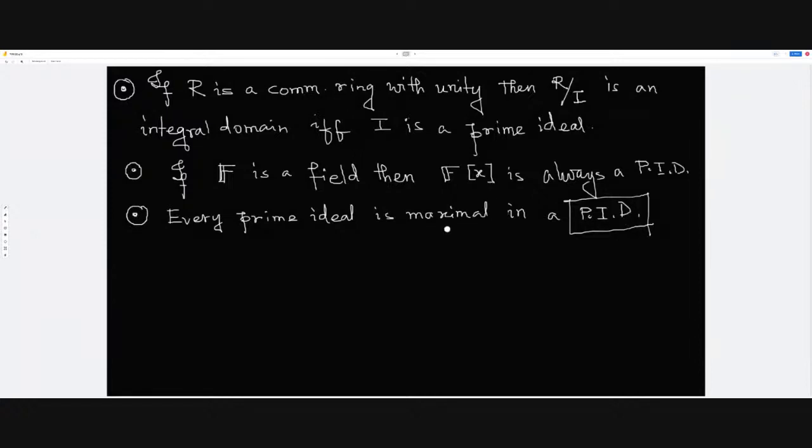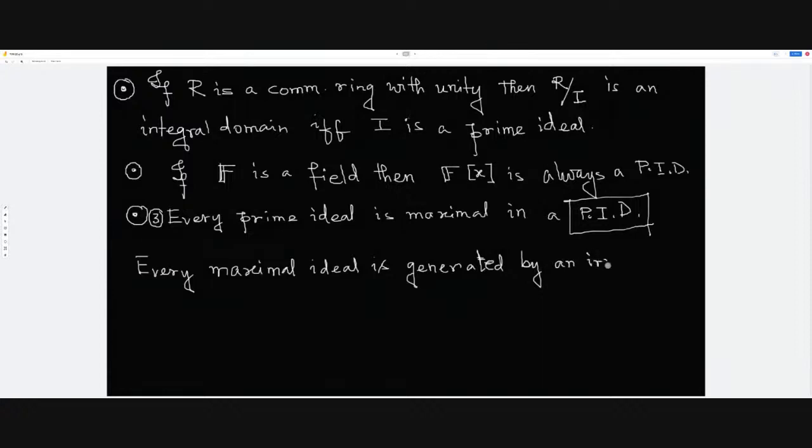Now, how do we use these three facts? To use the last fact, the first observation you have to make is that every maximal ideal is generated by an irreducible polynomial.